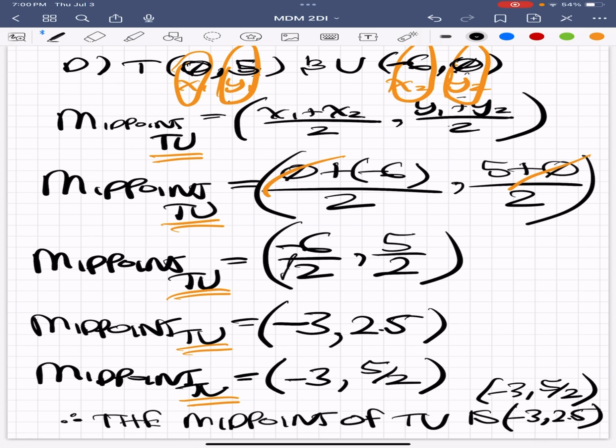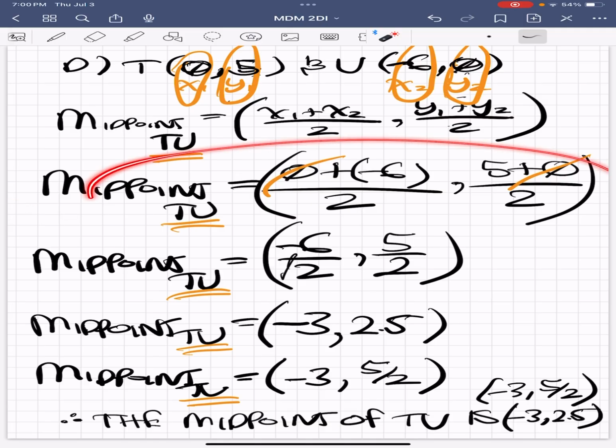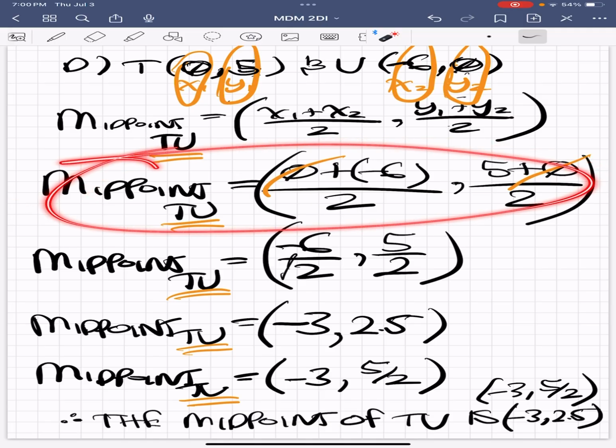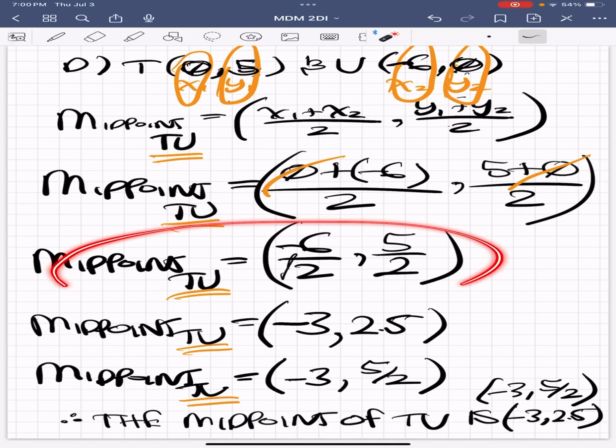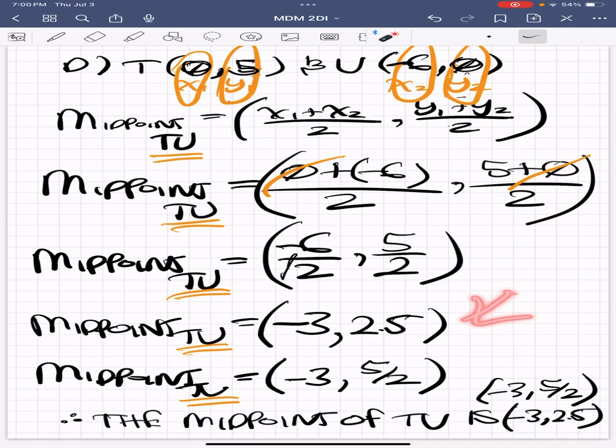So let's go over it once more. We have the formula for midpoint. We input the values in coordinates. We are changing the fractions to its lowest terms, either a numerical form or decimal form, and then fraction form as well.